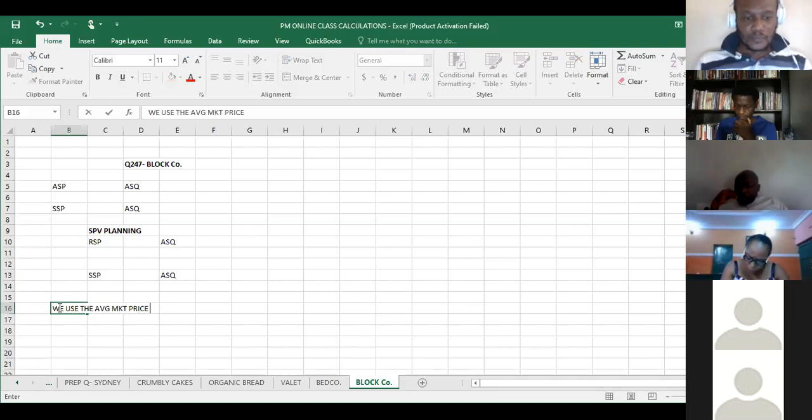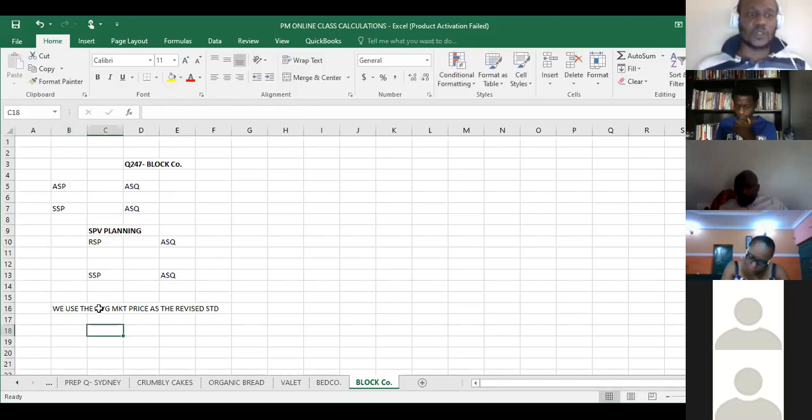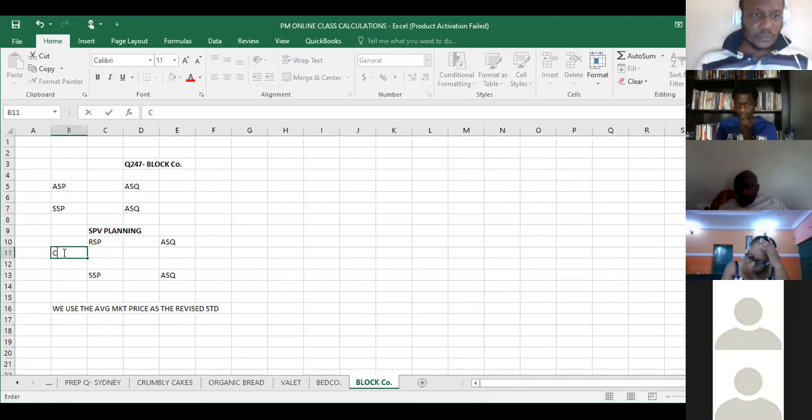Because that would have to be the revised standard. That's the revision based on market information. So our revised standard price, remember we're looking for commodity 3. For commodity 3, what's our revised standard price?